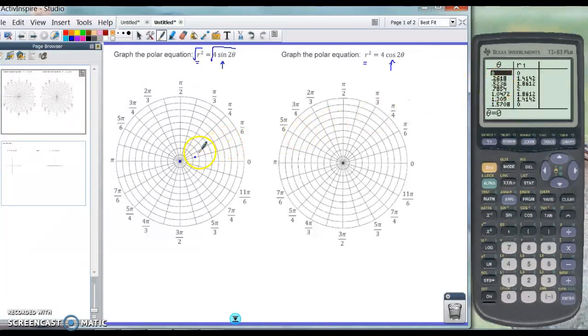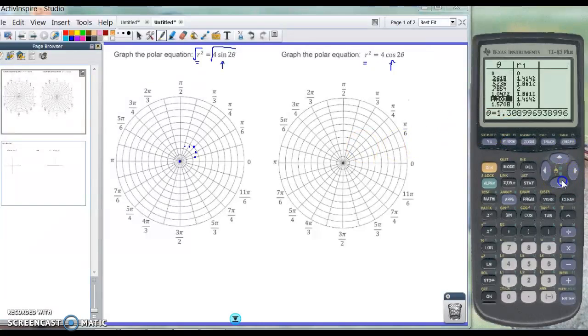We're at about 1.8, right about there. And then we're up here at 2. And then you'll see it kind of goes back down. So up there, and then 1.4, like about there. And then back to 0.